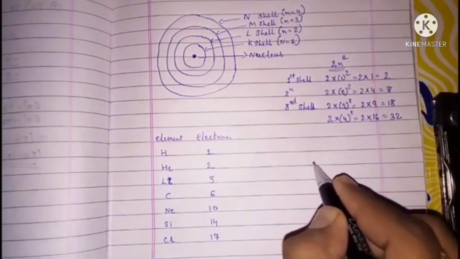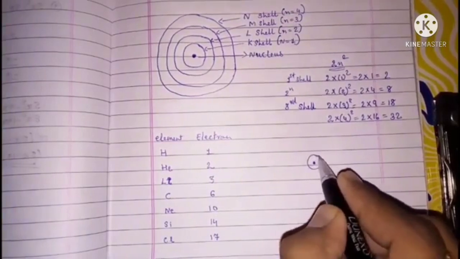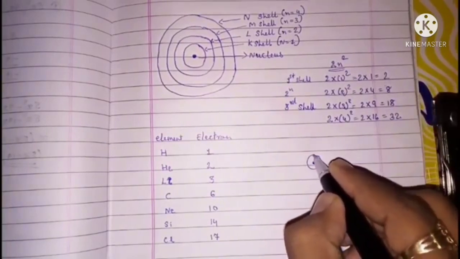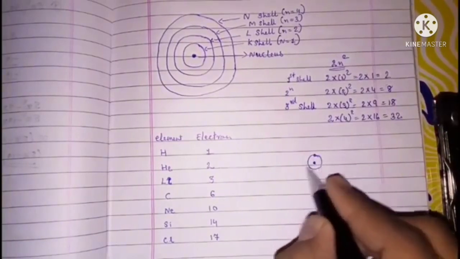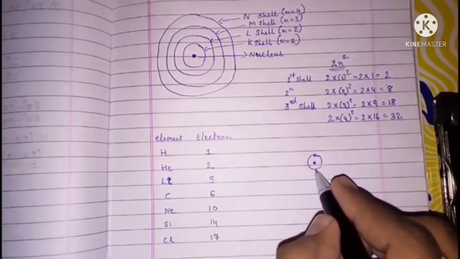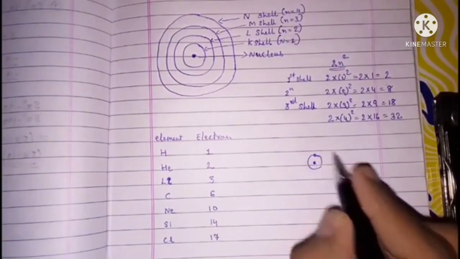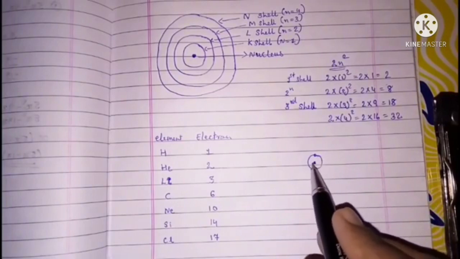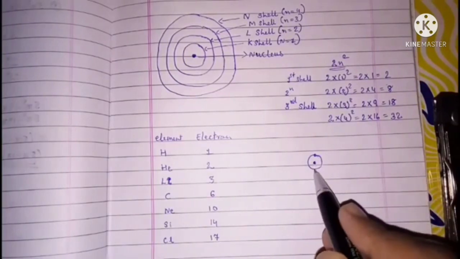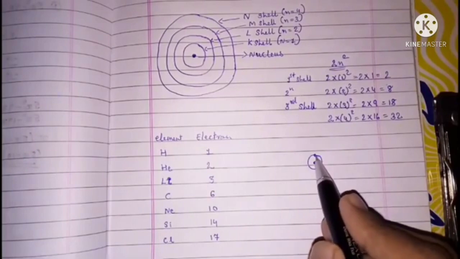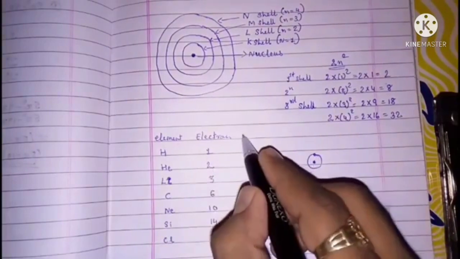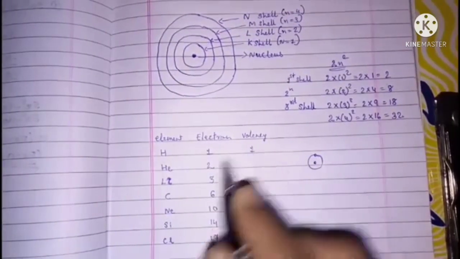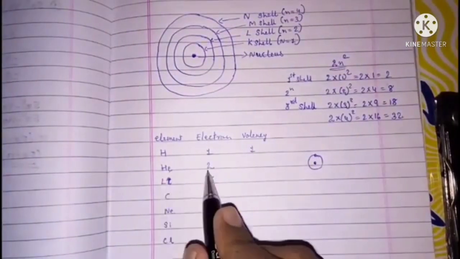Take the nucleus and distribute that 1 electron of the hydrogen atom in the first orbit. But according to Bohr's model, how many electrons should be there in the first orbit? 2 electrons. But how many are there for hydrogen? Only 1. That means one electron is vacant, or valency. So the valency of hydrogen is 1.